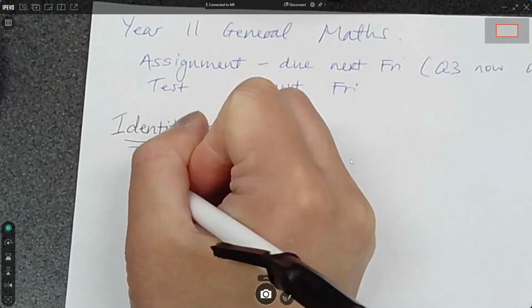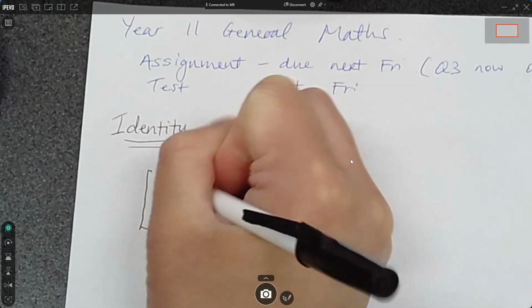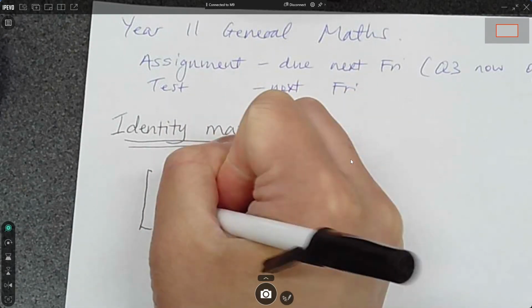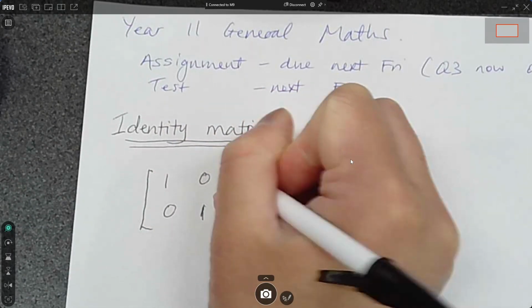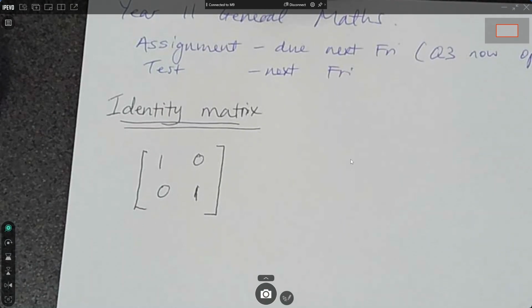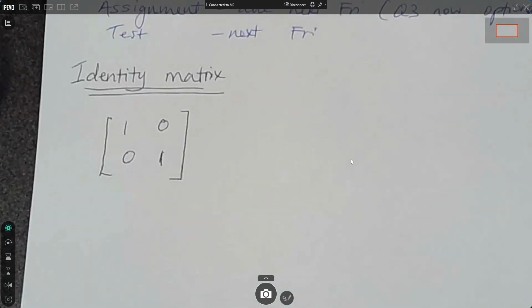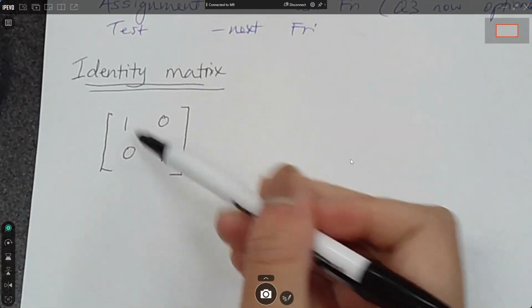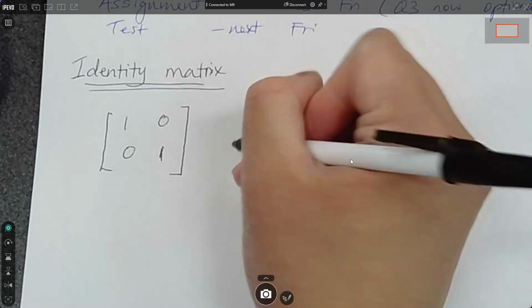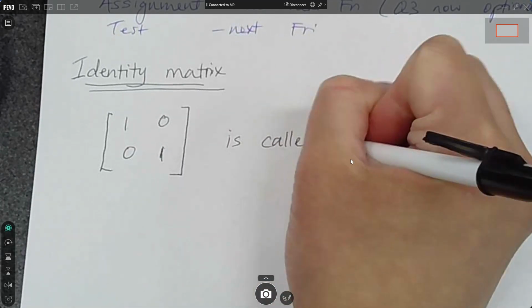So this matrix with ones on the main diagonal and zeros everywhere else, this is called the identity matrix.